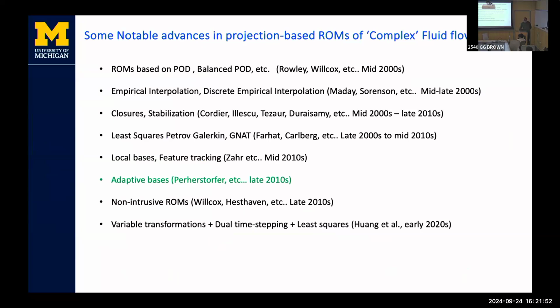So that's the idea. Least squares finite elements is many decades old, and least squares reduced order models are at least 2 decades old. And there are many other developments that have happened in reduced order models.